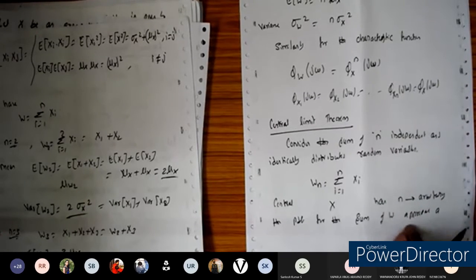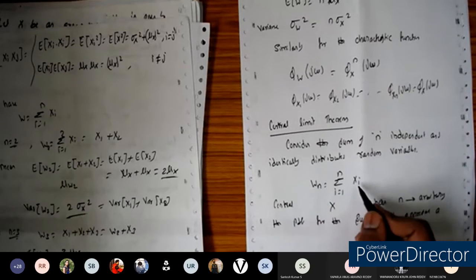Okay, so what the central limit theorem states is that here xi is an independent random variable and it is identically distributed.